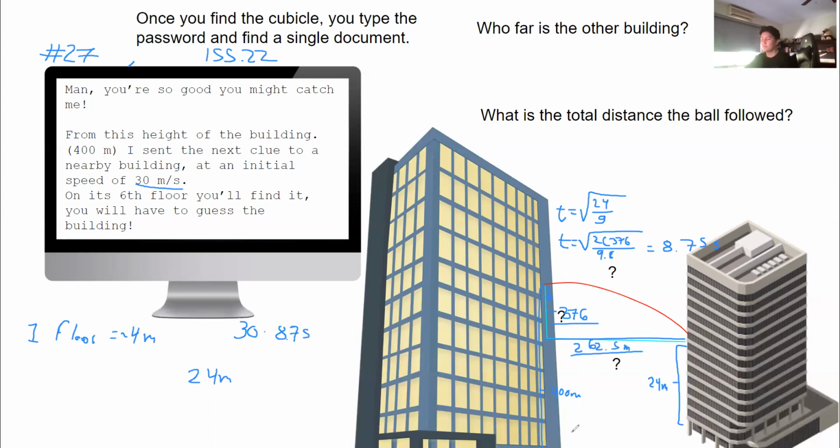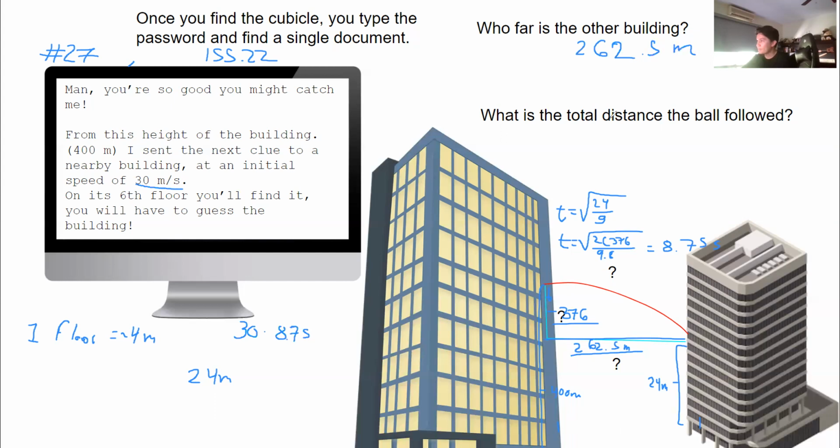This is the distance from building 1, the Clover building, to the other building, which we don't know. So we have the answer of the first one: 262.5 meters.